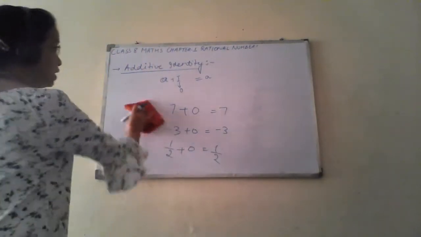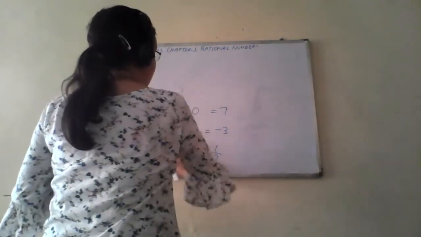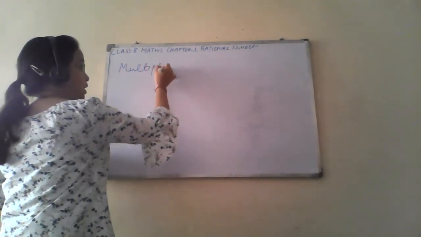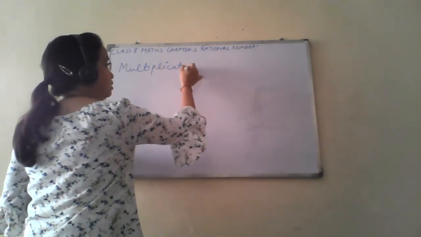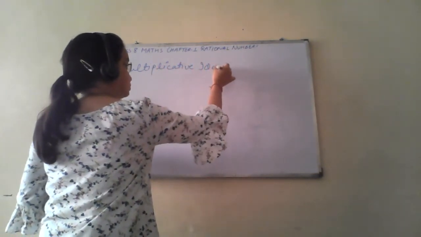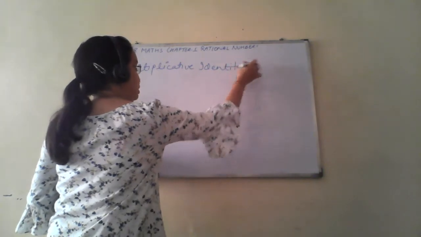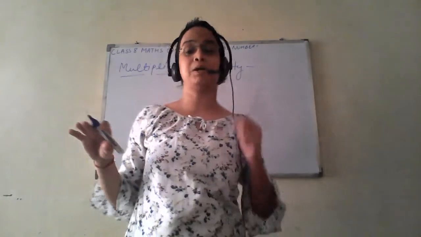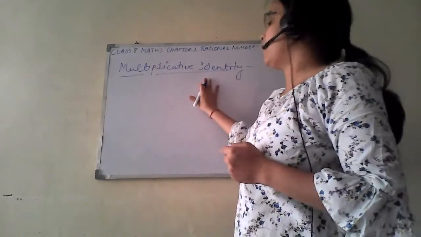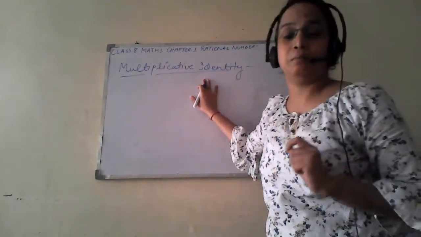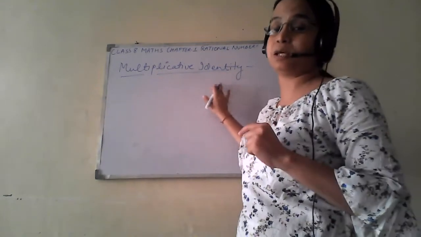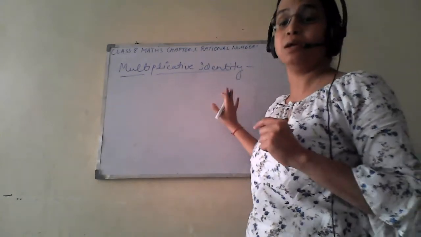Now similarly there is the multiplicative identity. It is the same as the case of additive identity, but the difference is that the multiplicative identity of a number is that number which when multiplied to that number, the answer will remain the same.